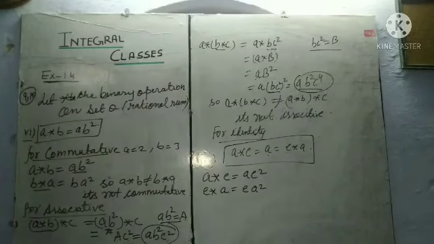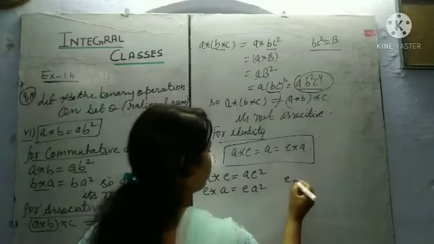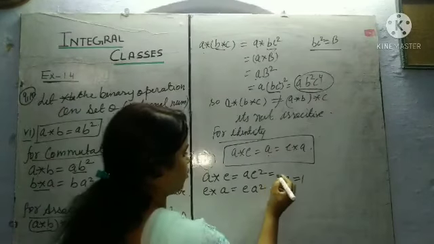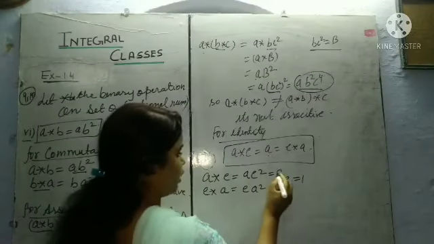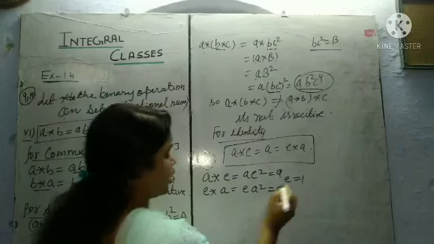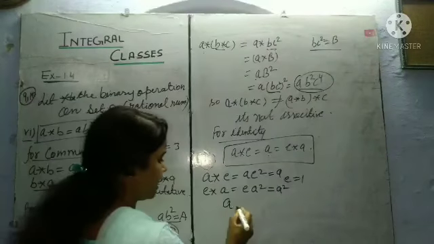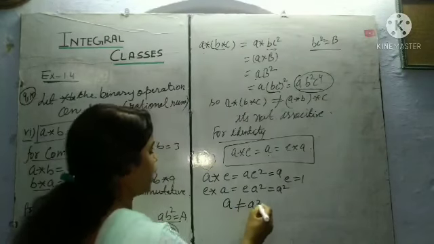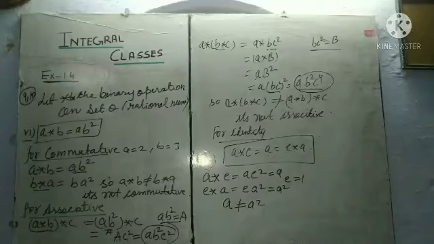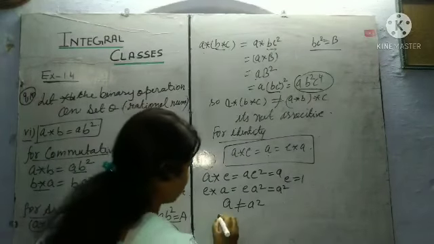Suppose we consider E equal to 1. Now put the value E equal to 1, and it will become A squared. So we know that A is not equal to A squared except for 1. So the identity element does not exist.